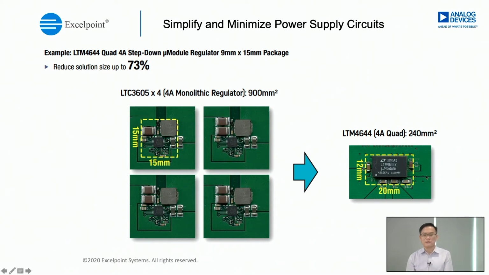The area needed is as small as 240 square millimeter. So the PCB area reduction is up to 73%, which is very significant. And the area that you save, you can use it for other usage.